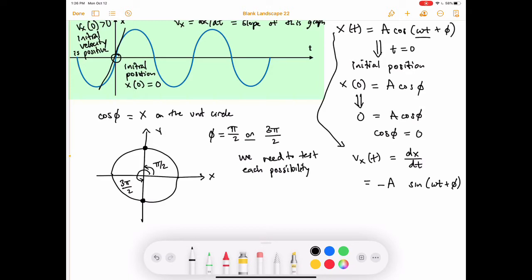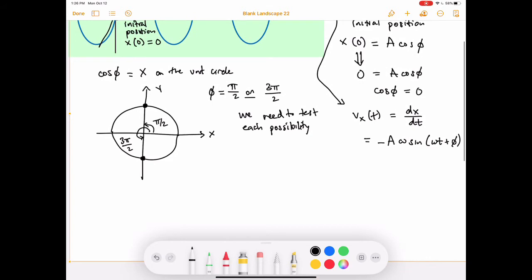So the derivative of omega t plus phi with respect to time is just omega, because omega and phi are both constants. And so if I plug in 0 for the time, I get minus A times omega times sine of just phi, because we're setting the time equal to 0 here.